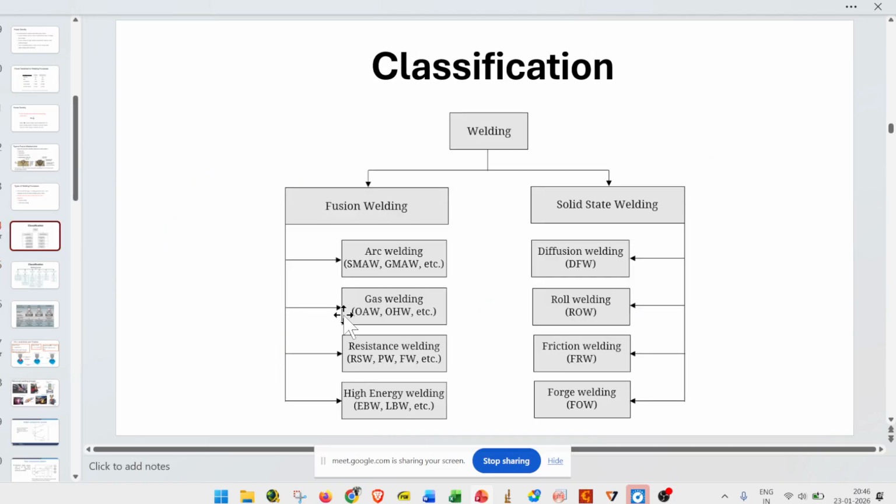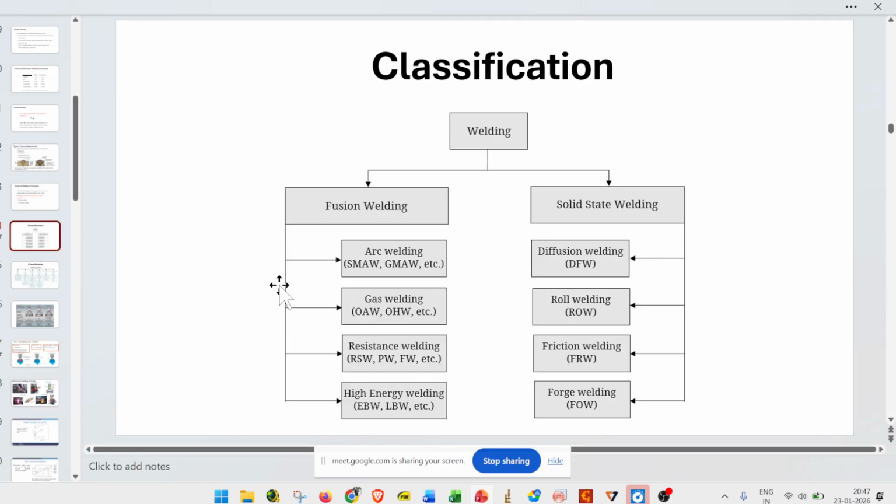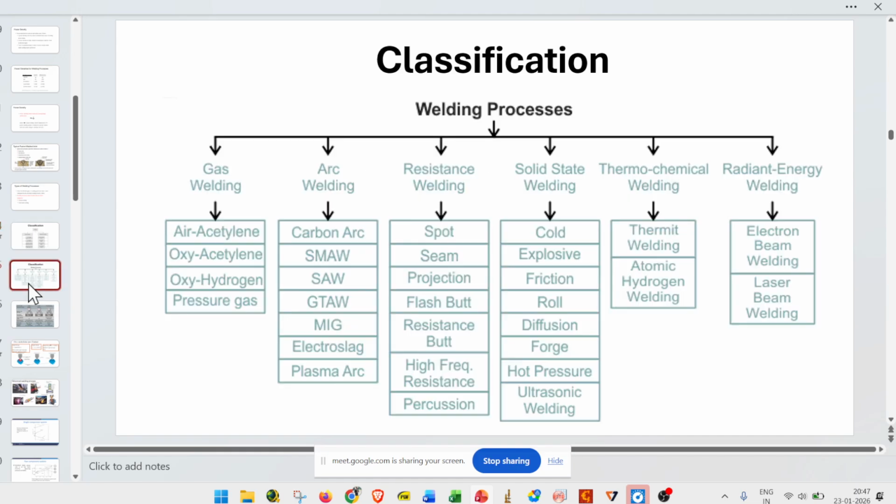Which kind of pressure gas is it? I have to look into it. I am not sure, but next class I will check. Okay, sure.